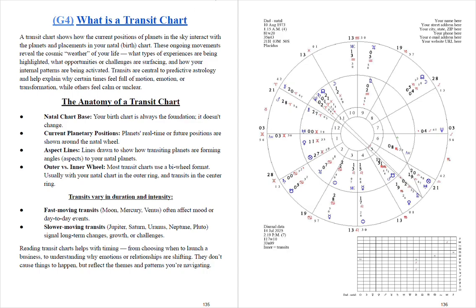Welcome back to the final video in our astrology keyring fundamental series, G4, What is a Transit Chart? In our previous video, G3, we discussed what is a synastry chart, where you take two people's birth charts and overlay them to see what kind of compatibility there is between the two.